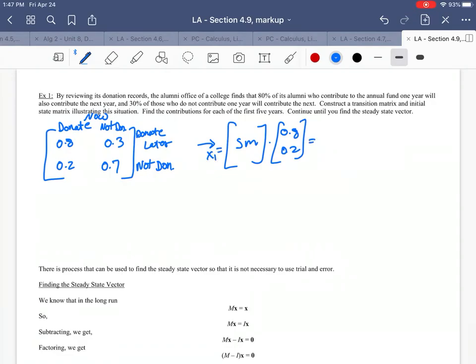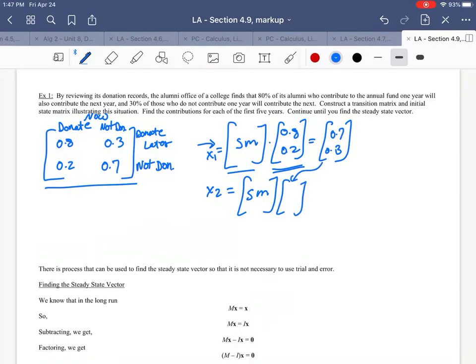So after 1 year, you multiply this guy and that guy, and you get 0.7 and 0.3. Okay, so then for the second year, I would take the stochastic matrix again, but then I would multiply by this new one because that's where I am now. So 0.7 and 0.3. And then you get 0.65 and 0.35.